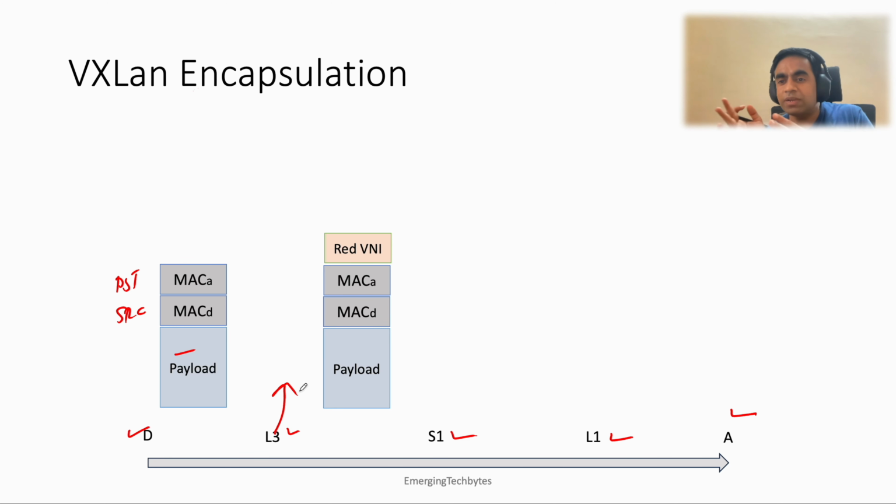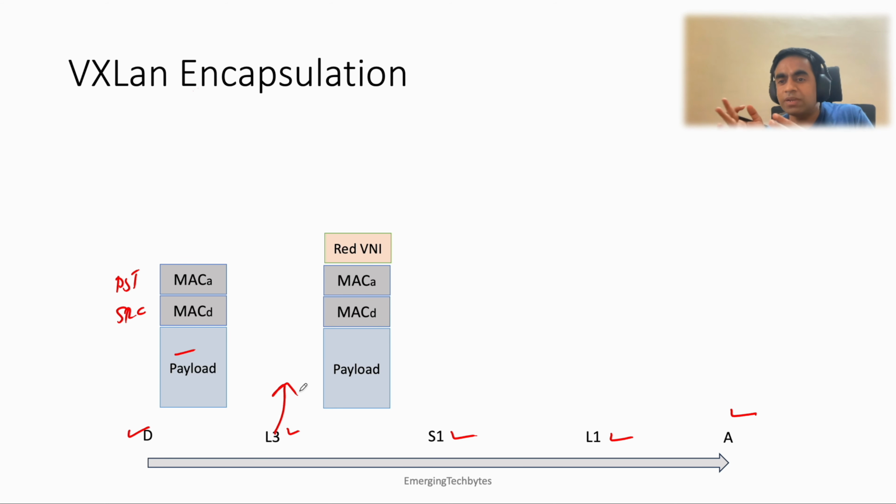After the VNI, from that BGP update, remember I showed you that there was this BGP update which says that A is behind a VTEP. So the MAC address of A is, let's say, behind VTEP L1 and VNI 100.